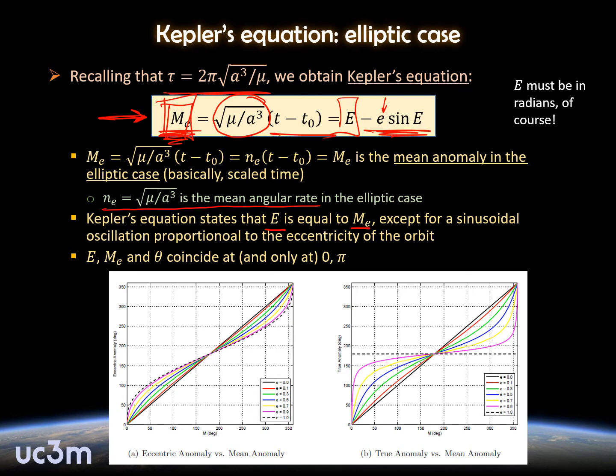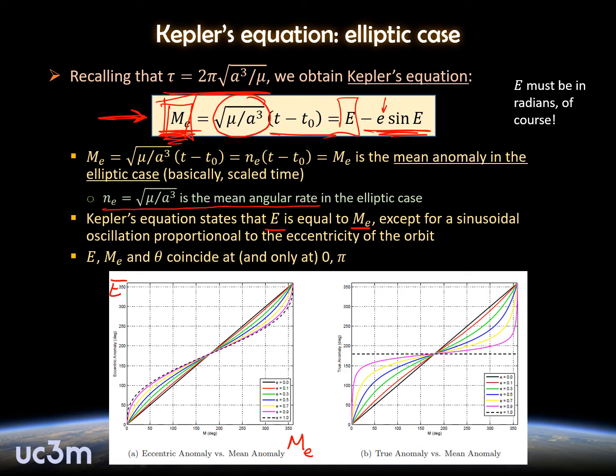It's quite instructive to plot the eccentric anomaly E versus the mean anomaly M. You see that in essence, when the eccentricity is 0, they are equal. That's the case for a circle, which is the easiest case.